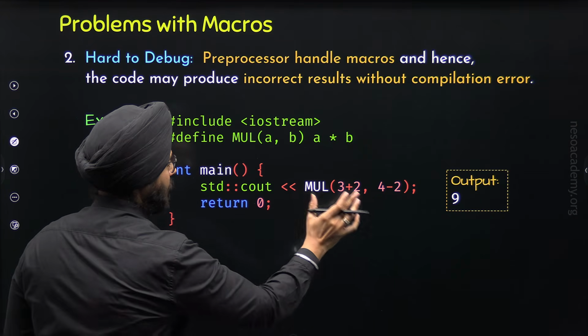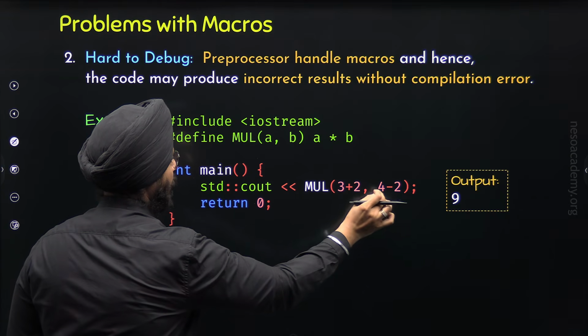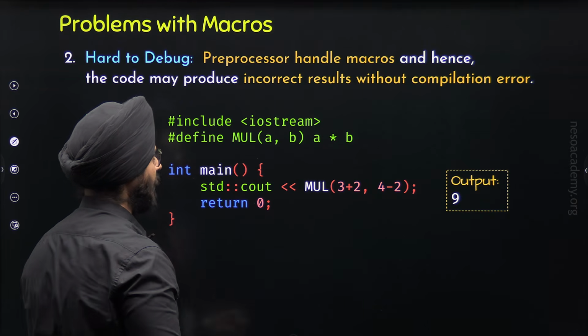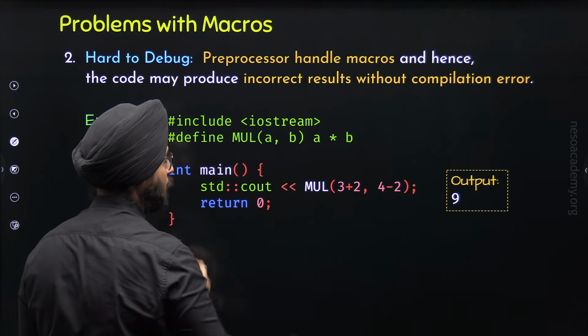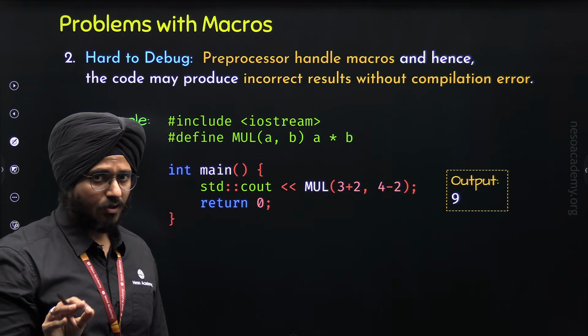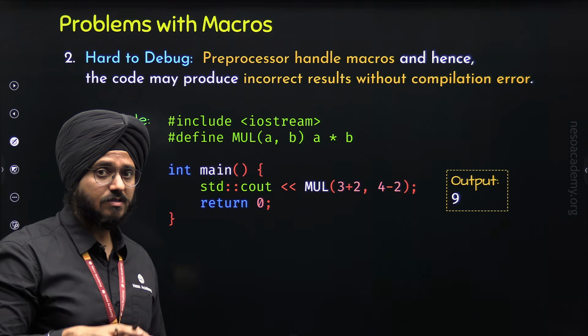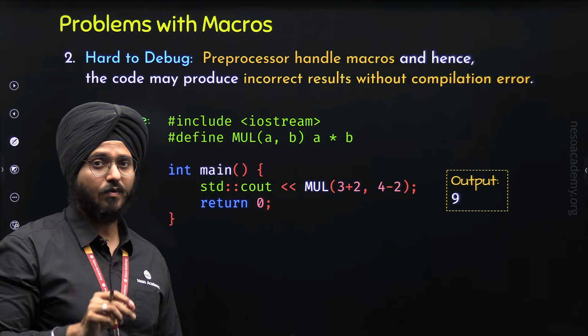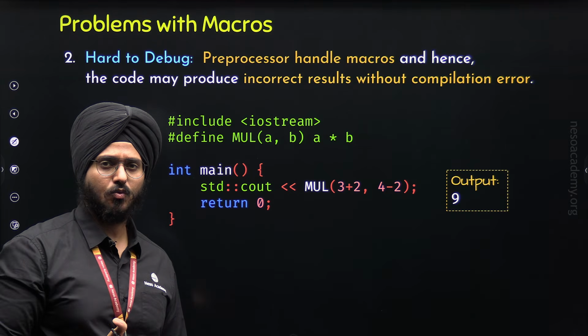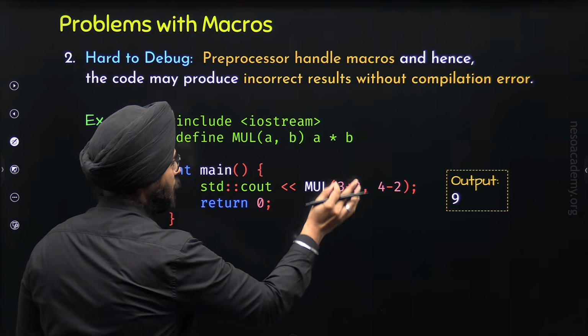Let's replace this mul(3 plus 2, 4 minus 2) with its expression. We know that in place of A we have 3 plus 2. In place of B we have 4 minus 2. Preprocessor has the job of replacing the specific macro with its actual definition, be it code or a value. Here we have the function-like object.